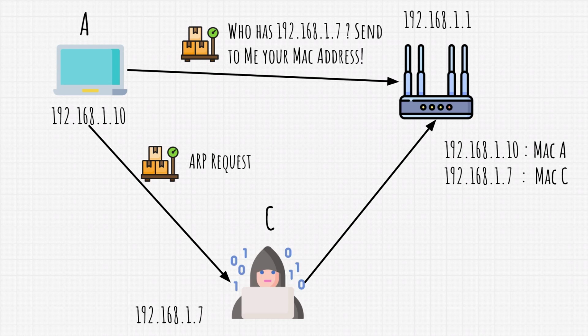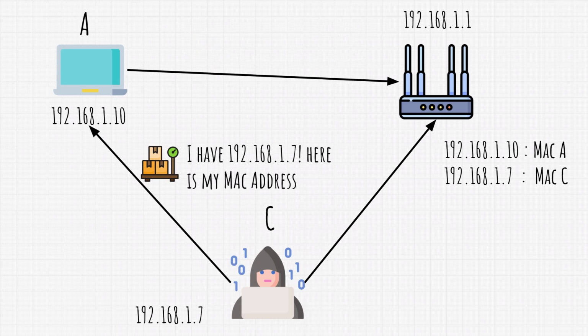And with that ARP request, machine A asks who has an IP address of 192.168.1.7. And it also tells, send me your MAC address if this is your IP address. In this scenario, our Kali Linux machine receives the request and it gives an answer. It says, I am 192.168.1.7 and here is my MAC address.